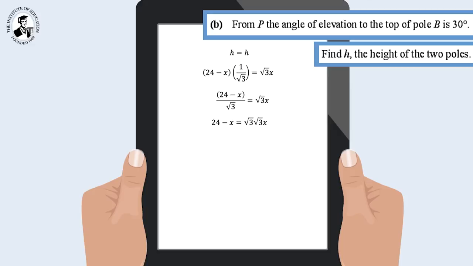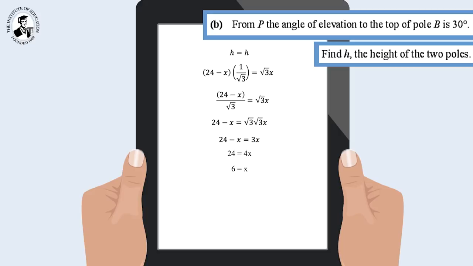To deal with the denominator on the left hand side, we'll say the root 3 is dividing, so if it were to move to the right hand side it would multiply. Root 3 by root 3 is root 3 squared, which gives me 3. I'm now left with 24 minus x is equal to 3x, 24 is equal to 4x, so x will be equal to 6.